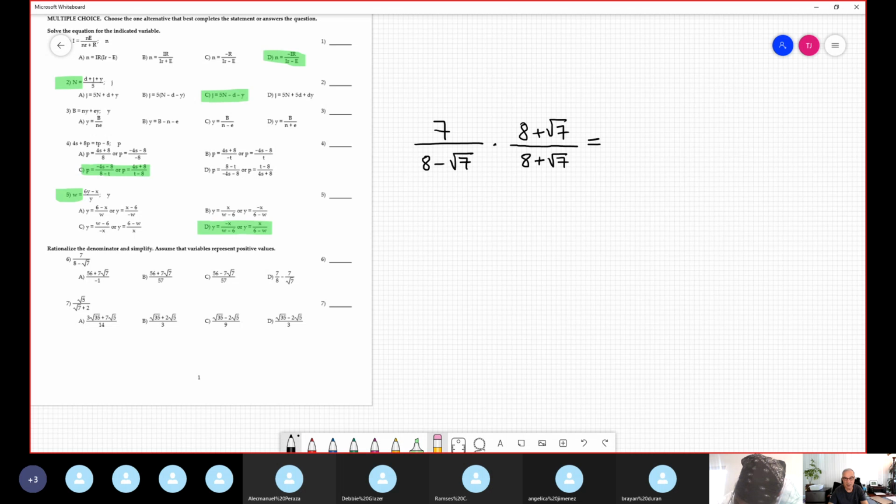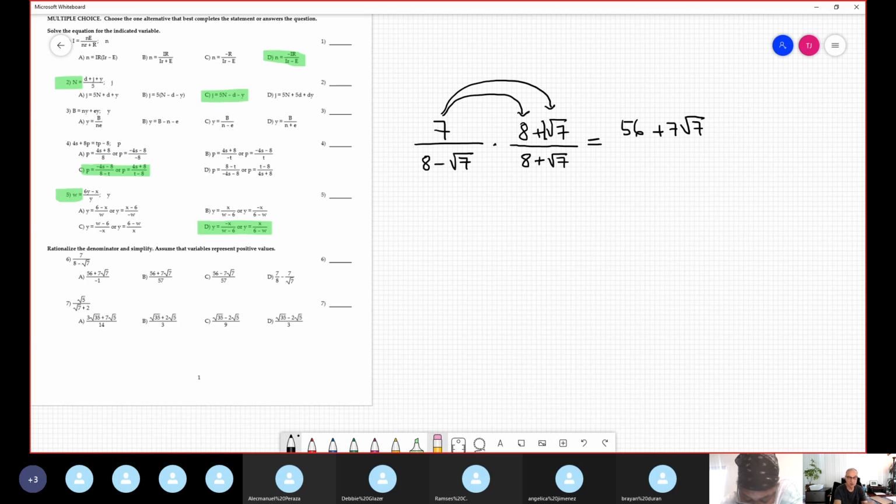And you multiply. Multiply this and this, because this is a monomial, it's easier, 56. And multiply this times this. And remember the multiplication is 7 plus 7 radical 7, because this 7 is multiplied by the invisible 1 that we have here.